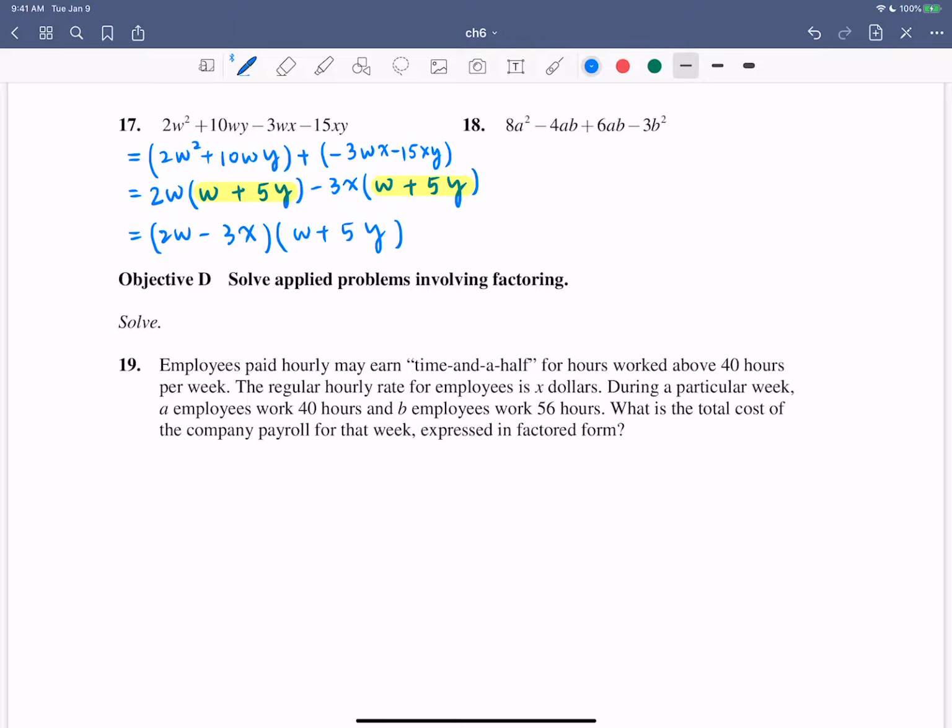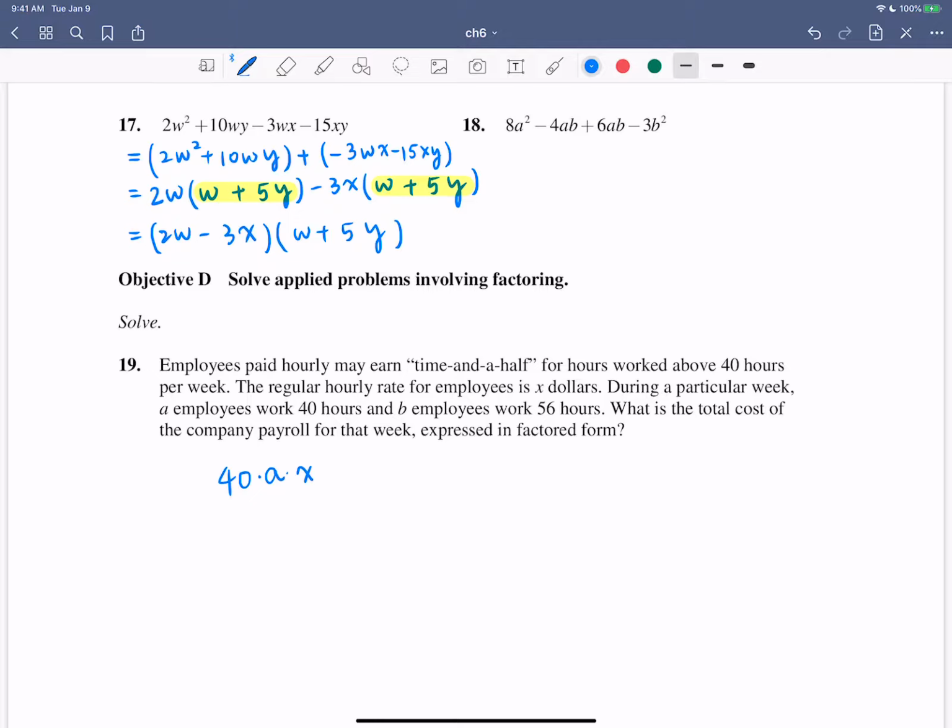For the A employees who work 40 hours, since you have A of them, I'm going to multiply this by x, because the regular rate for an employee is x dollars. And then they all worked 40 hours, so you multiply by 40. So that completes the total payroll for those A employees who work 40 hours, 40Ax.